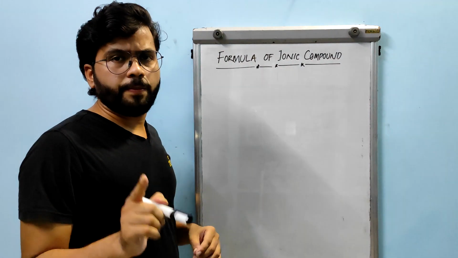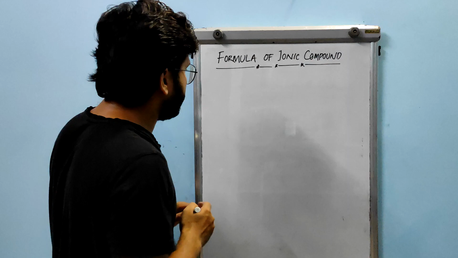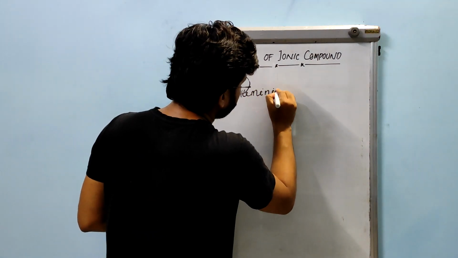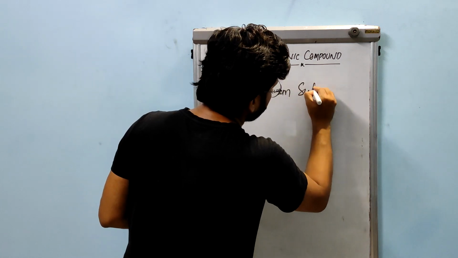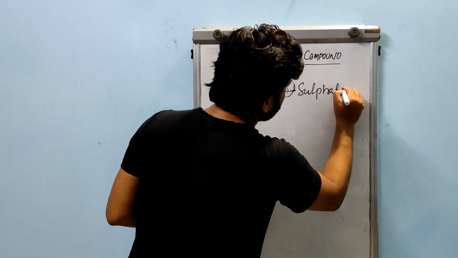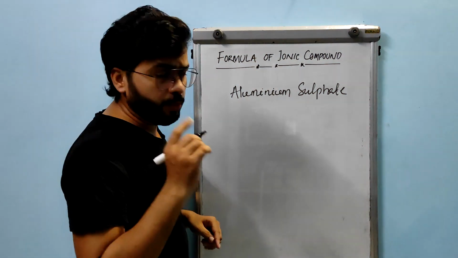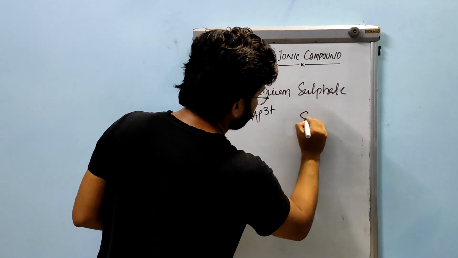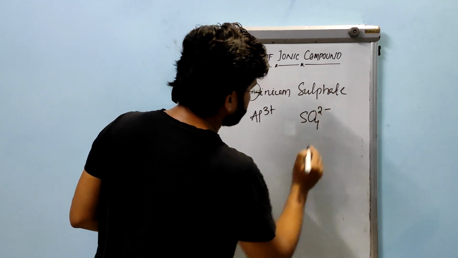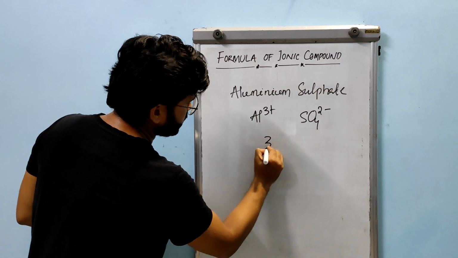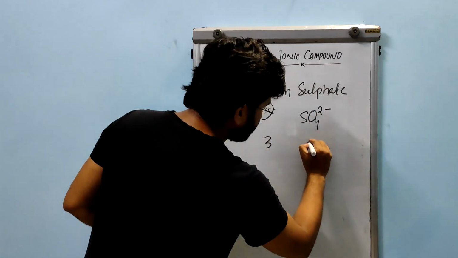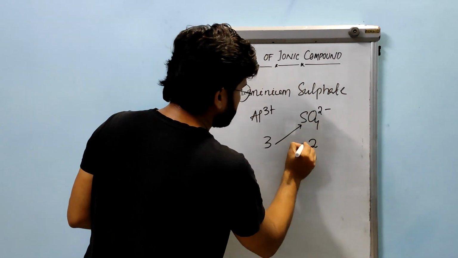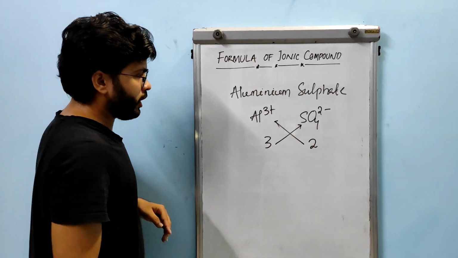Let us take the example of aluminium sulfate. That means we have the aluminium ion, which is Al3 plus, and sulfate, which is SO4 2 minus. The magnitude of charge here is 3, here it is 2, there is no common factor, so we simply crisscross.